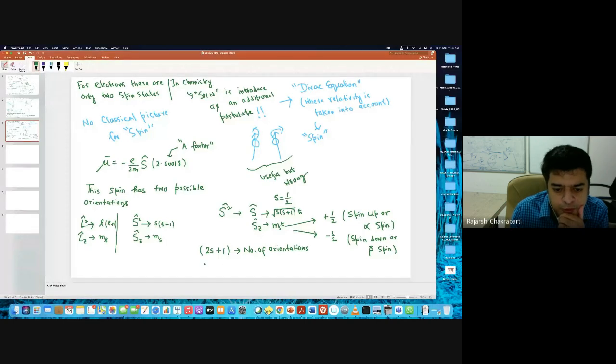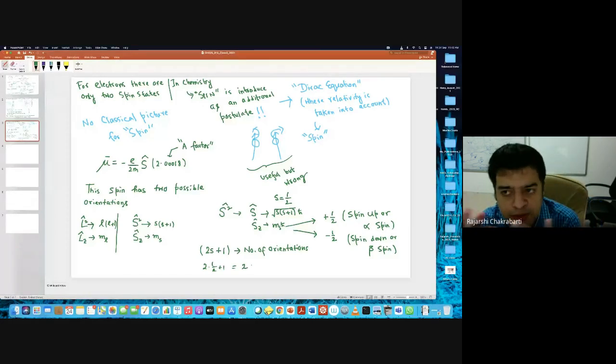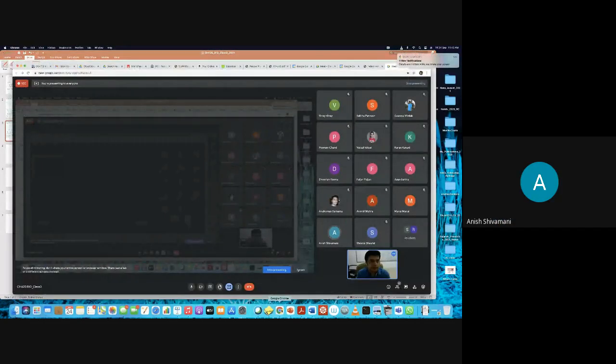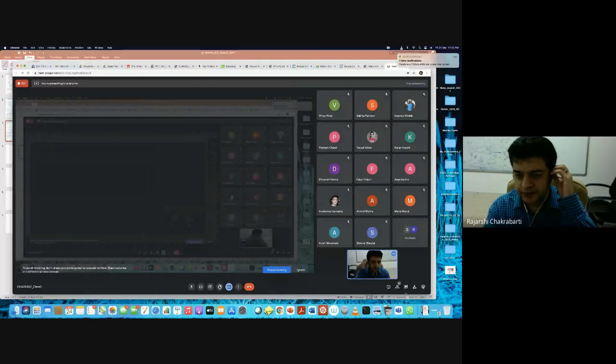And this is going to be 2 into half plus 1, which is 2. This is fine. So there are two possible orientations. Any question so far?